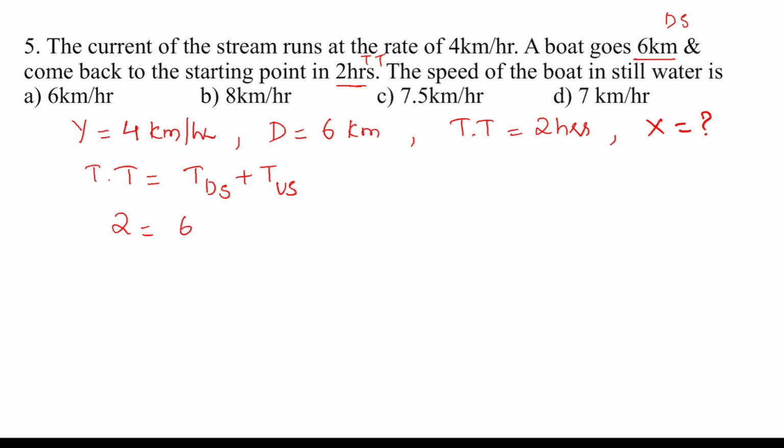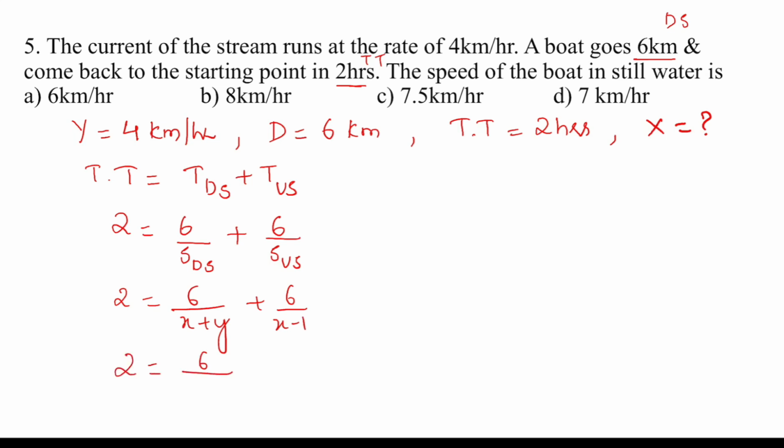So distance is 6 kilometer and speed is downstream speed, plus again 6 kilometer divided by upstream speed. So 2 is equal to 6 divided by x plus y, and upstream speed is given by x minus y. So 2 is equal to 6 divided by x plus 4, plus 6 divided by x minus 4.